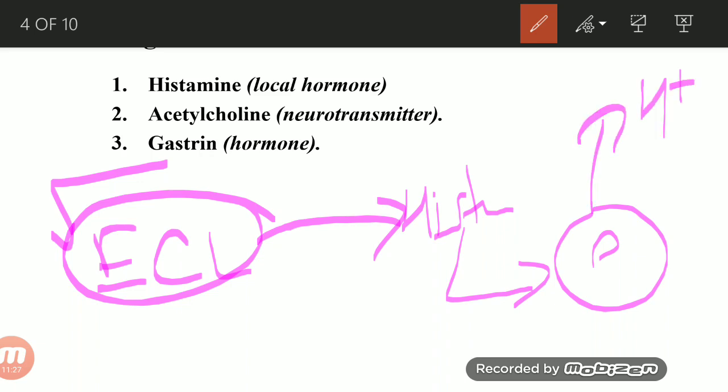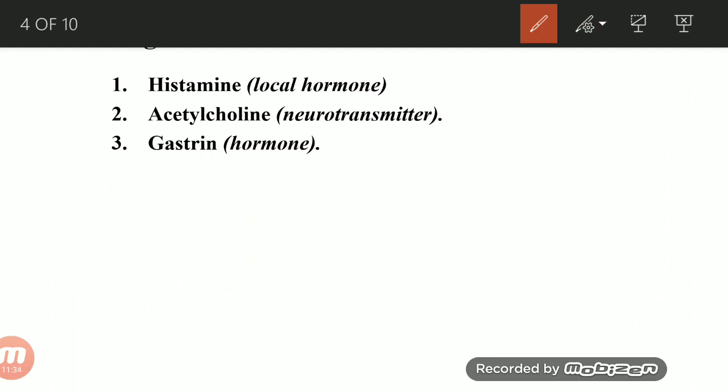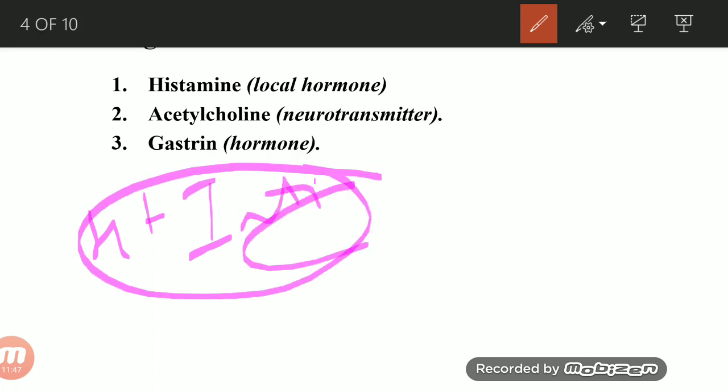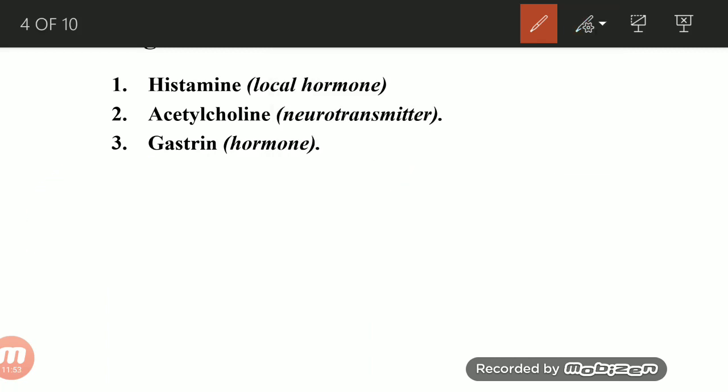So this is in regards to your indirect control of your gastrin. Okay, but it has been seen that your release of H plus ion is more through your indirect control than through your direct control. So indirect action of your gastrin is far greater than that of your direct control.